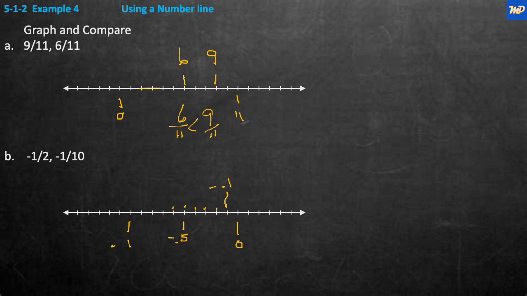So that means that negative 0.5 is less than negative 0.1. Or since they did that as a half, I could also say negative 1/2 is less than negative 1/10. Okay?